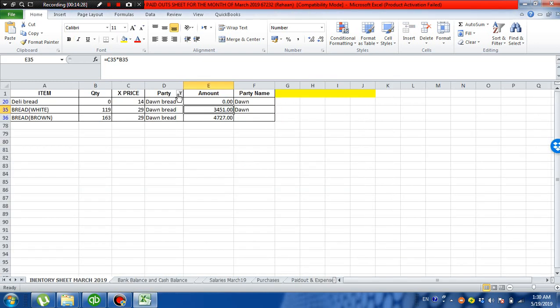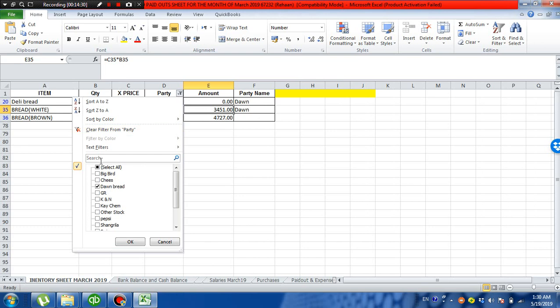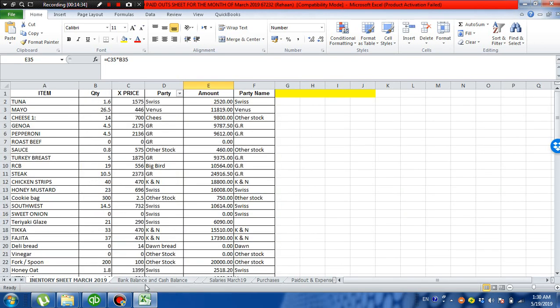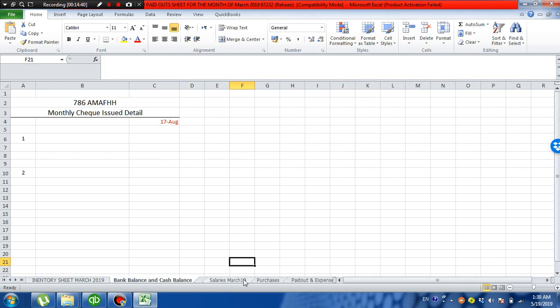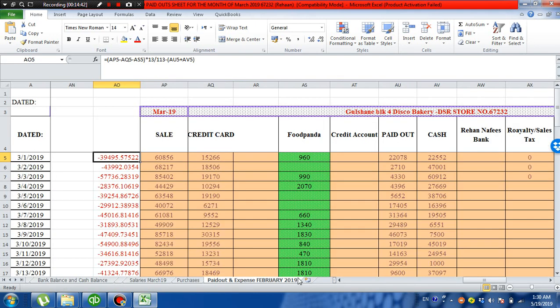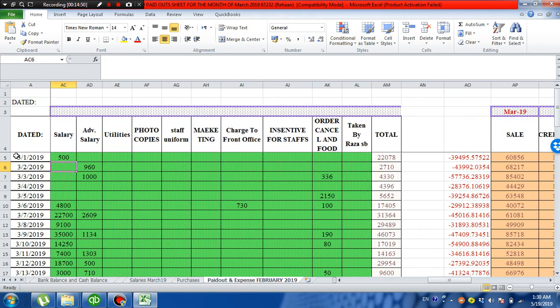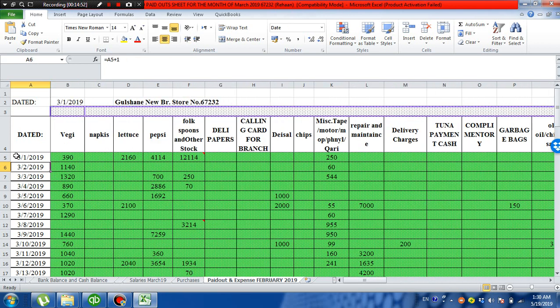And this was the ending inventory that we have received from a restaurant. And this was the sale detail which we have discussed in our previous video, and these are the expenses. So how do we report our expenses?